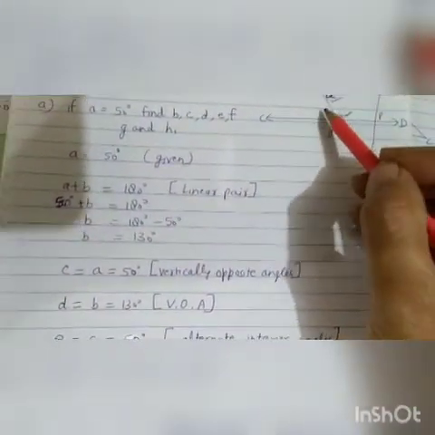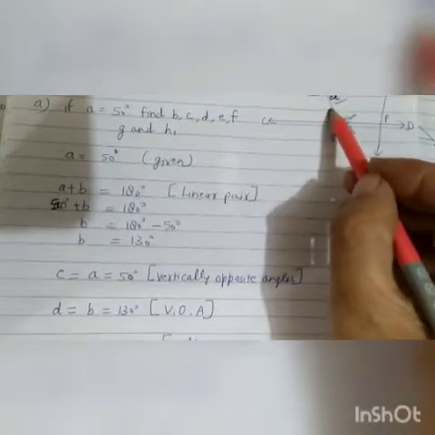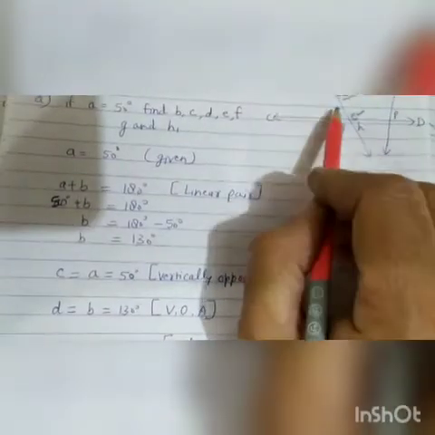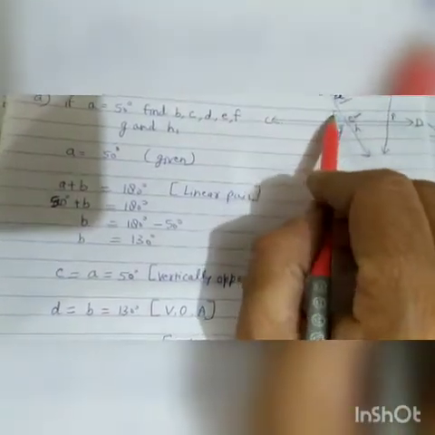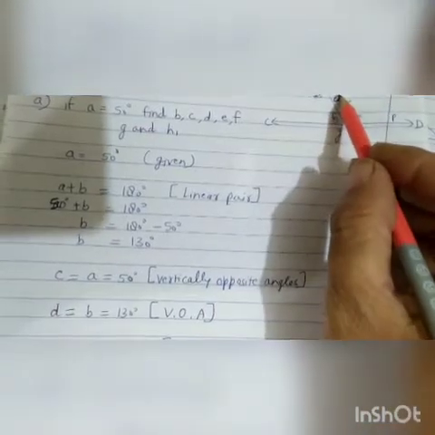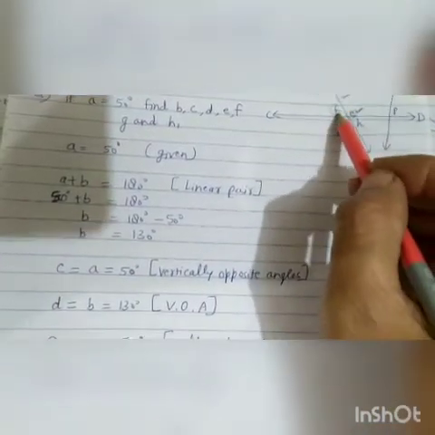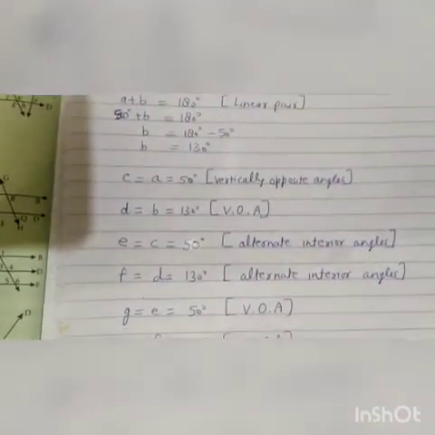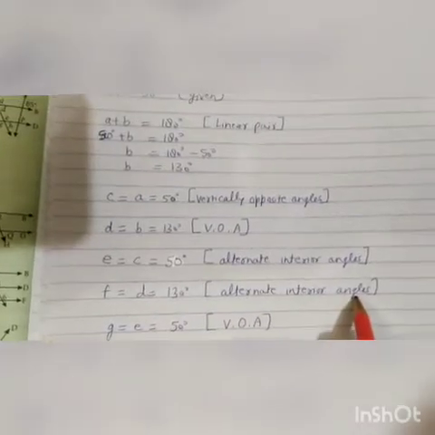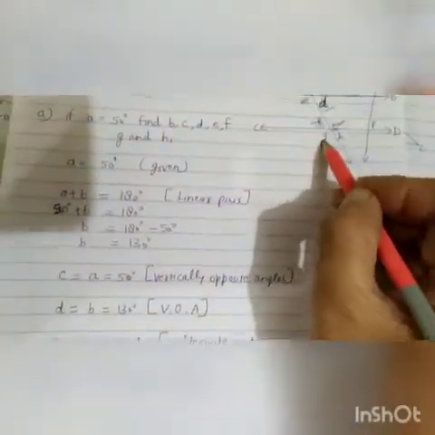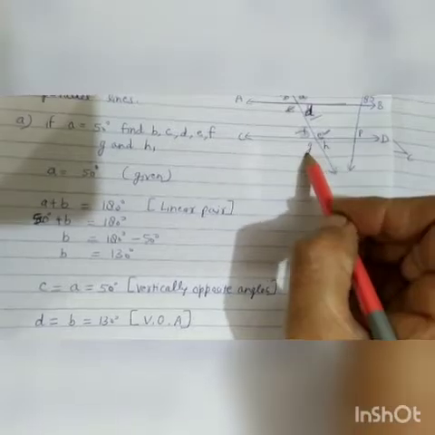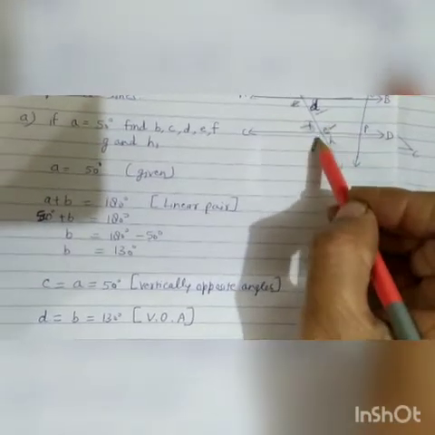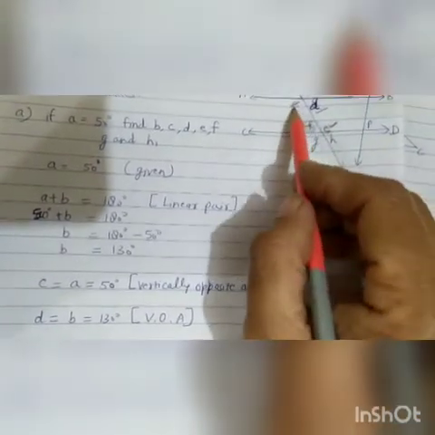Now come to F. F and D. We can find F from B also. They are corresponding angles, and we can find F from D also. F and D are alternate interior angles. So F is equal to D, equal to 130 degrees, alternate interior angles. Now come to G. We can find G from E also, and from C also.